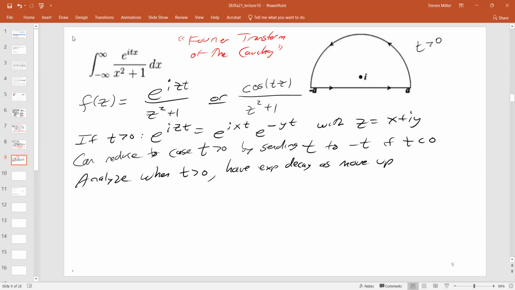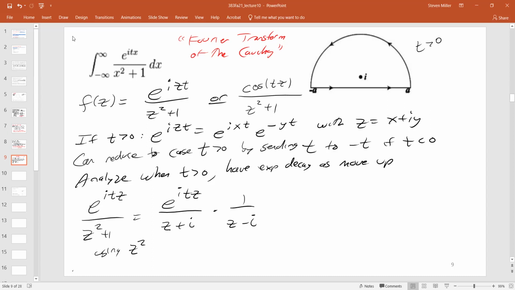Where does it have poles? Well, we have z squared plus 1. We've seen this before. So e to the i tz over z squared plus 1, we can write as e to the i tz over z plus i, times 1 over z minus i, using that z squared plus 1 is z plus i times z minus i.